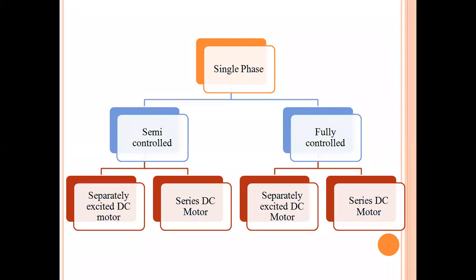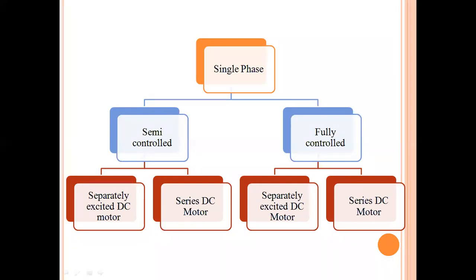So AC source can be split into single phase and three phase AC sources, right? So if we are having a single phase AC source, and in yesterday's class I have told you that we are having two controllers, semi controller and fully controller. So these two are the controllers that we are going to use in this chapter.